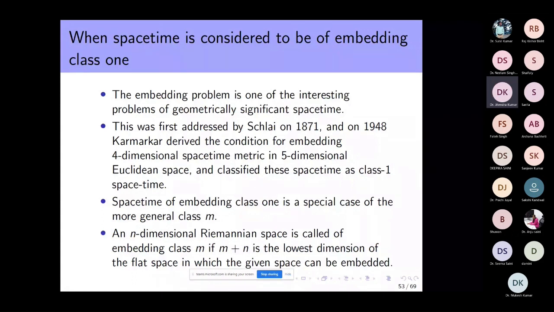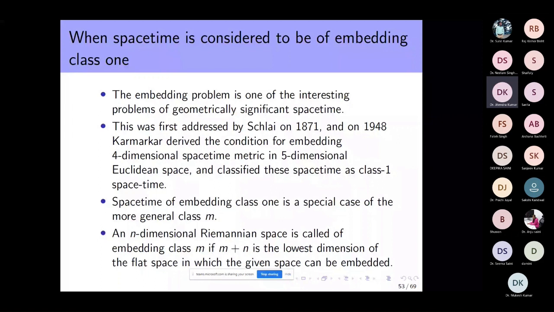So the embedding problem is one of the interesting problems of geometrically significant space-time. This was first addressed by Schläfli in 1871, and in 1948 Karmarkar derived the conditions for embedding a four-dimensional space-time metric in five-dimensional Euclidean space, and classified these space-times as class 1. So space-time of embedding class 1 is a special case of the more general class M. An n-dimensional Riemannian space is called of embedding class M if M plus n is the lowest dimension of the flat space.